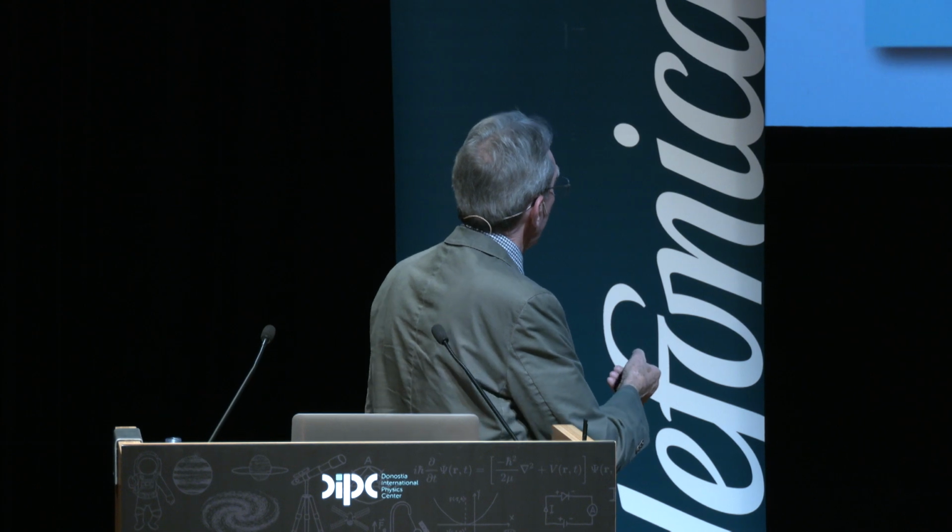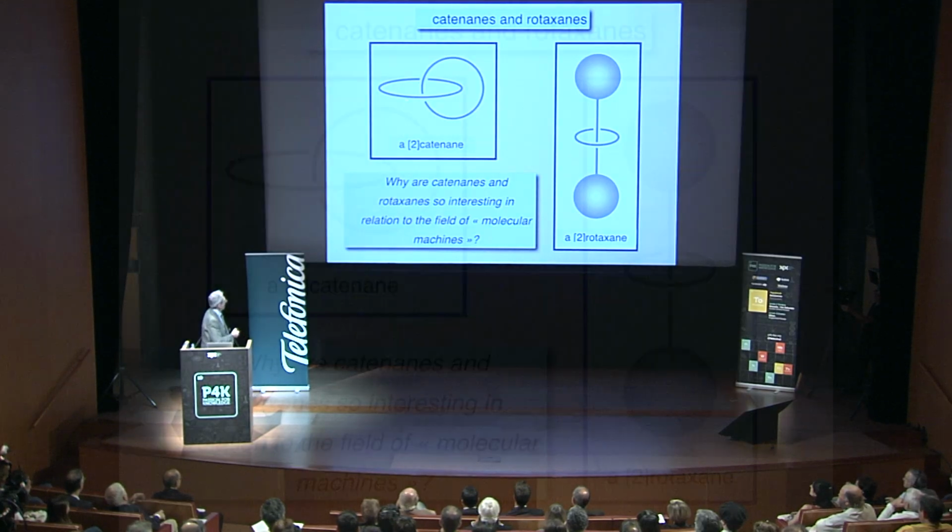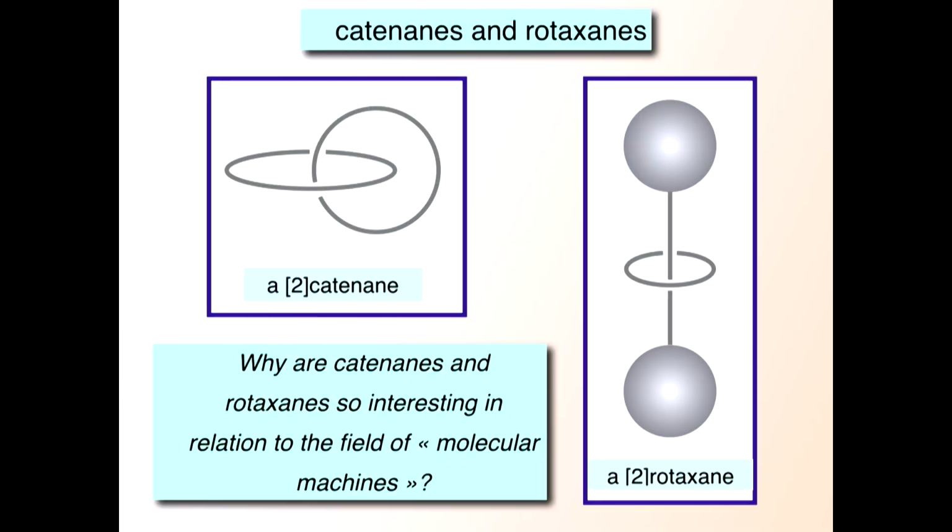Catenane, the word comes from Latin, catena, which means chain. It's probably very similar in Spanish. In Italian, it's also catena. And in Spanish, is it cadena? Yeah. So it's a very small chain, 2 cyclic links.